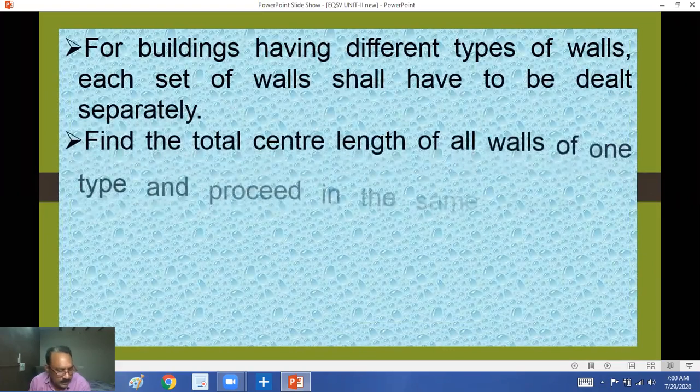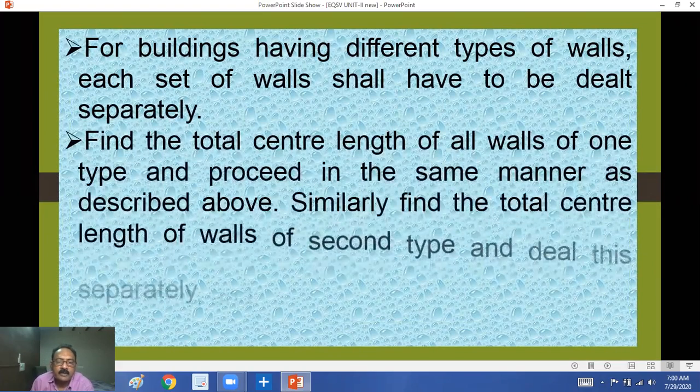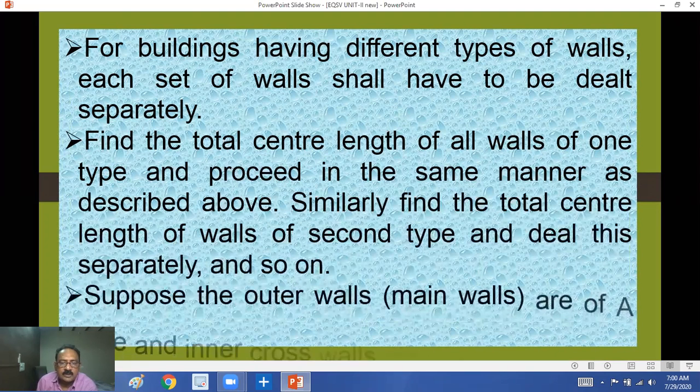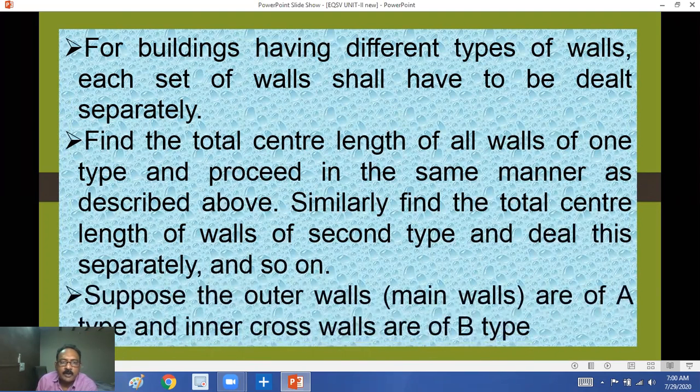The only thing in this method is that you have to take care of junctions. That is the only main important point. For a building having different walls, each set of walls has to be dealt with separately. Suppose you have 300 mm walls, 200 mm walls, or 230 mm walls, or 4 inch walls.